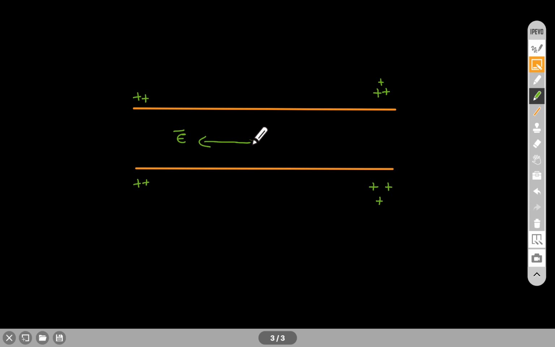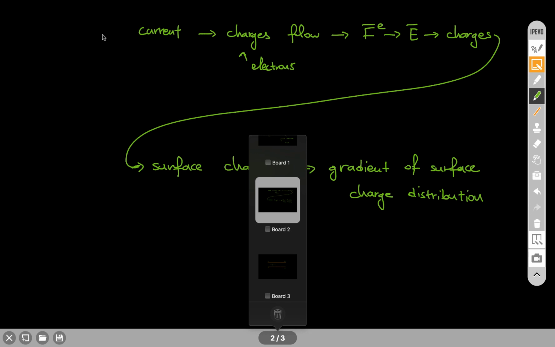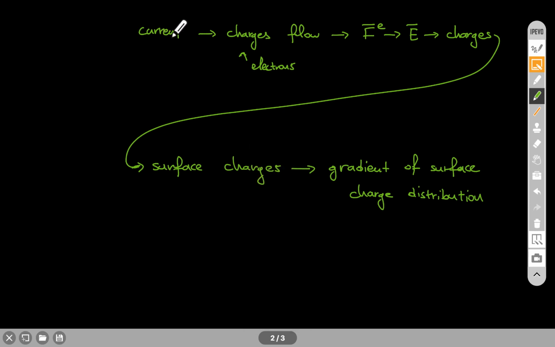So when we work with circuits, we will need to be thinking that when we have a current, meaning electrons flowing, an electric field, we need to have surface charges only because we're dealing with conductors, and in particular we will need to have a gradient of those surface charges distributed on the wire in order to have that current flowing.